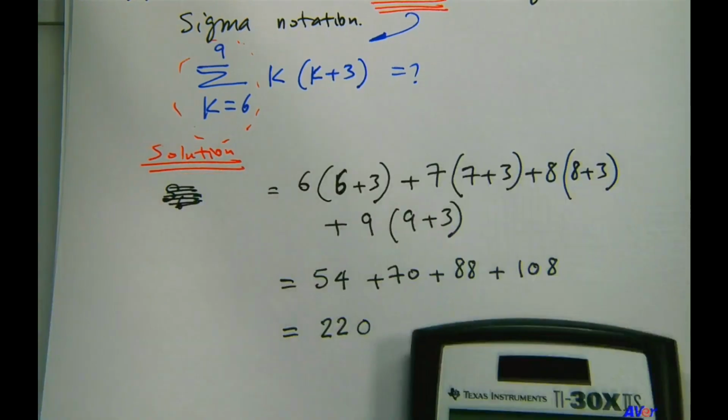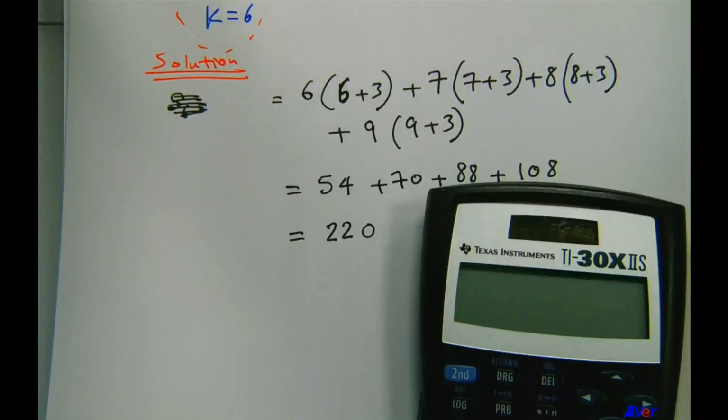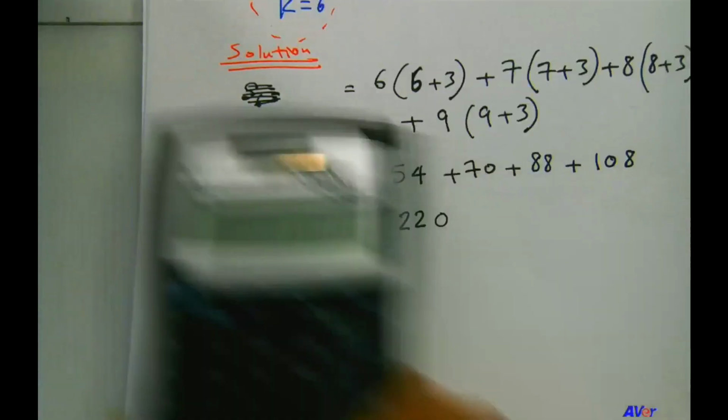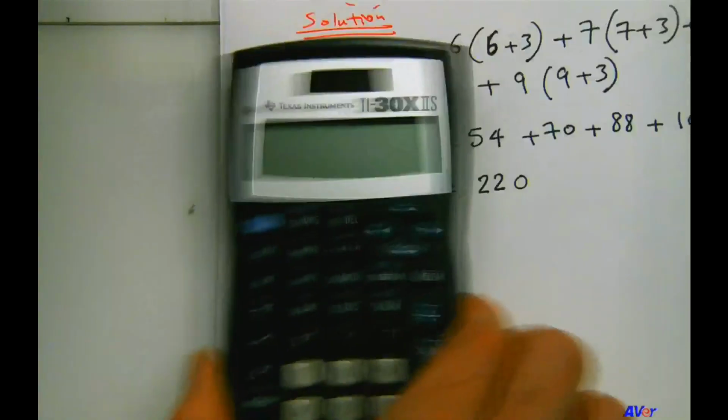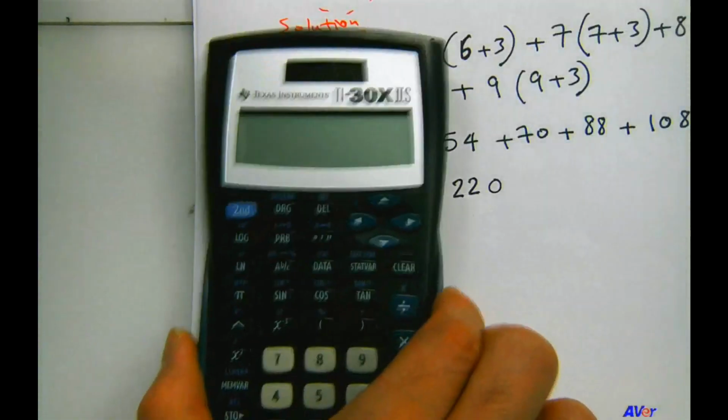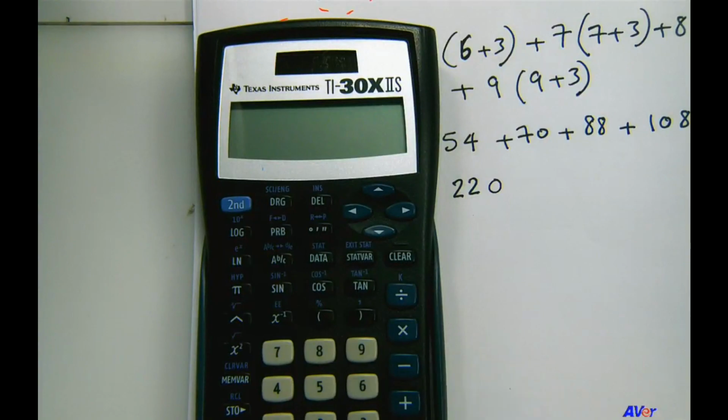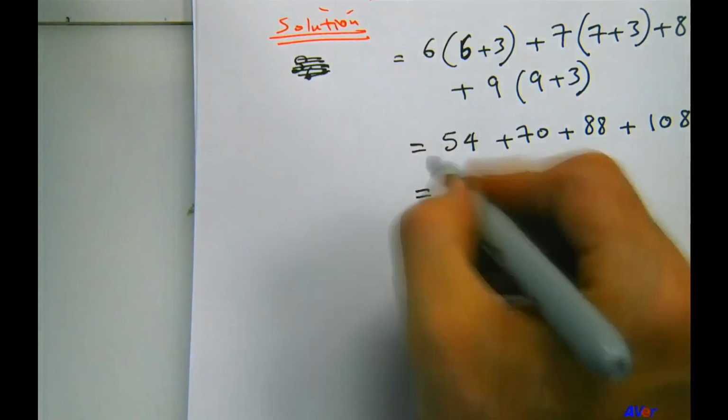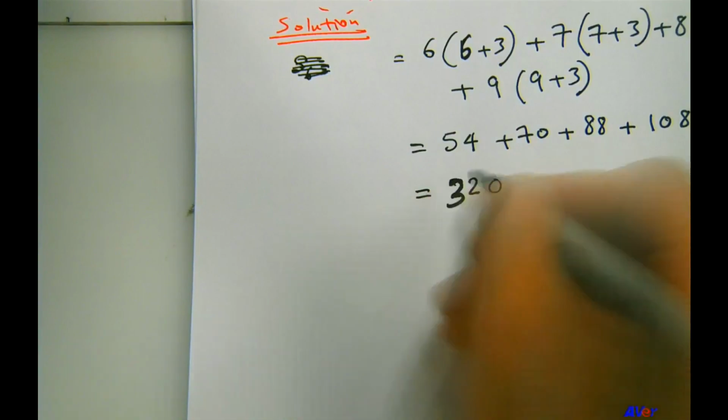So let's double check that. So we have 54 plus 70 plus 88 plus 108. Oh, 320. So I'm glad I checked. So 320.